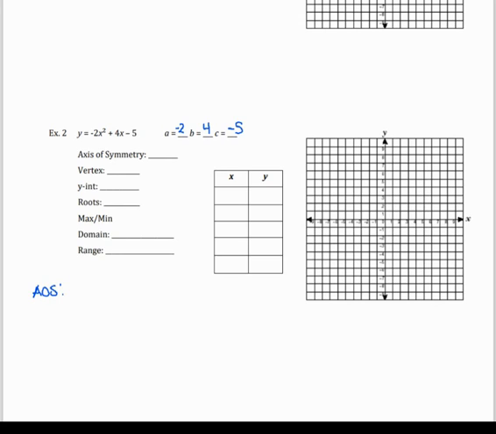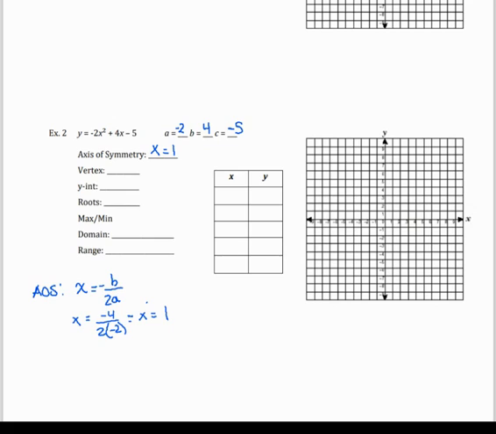Remember, the axis of symmetry is the equation x equals -b over 2a. So when I plug that in, I get -4 over 2 times -2, and that gives me that x equals 1. Remember, I'm not just going to say 1, it's an equation. So I'm going to say that x equals 1.